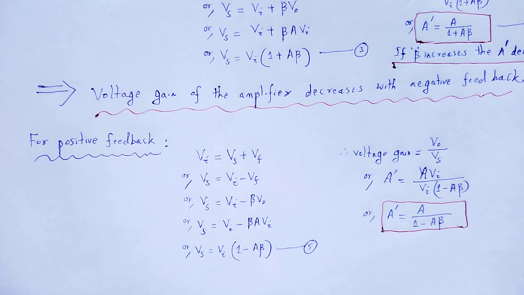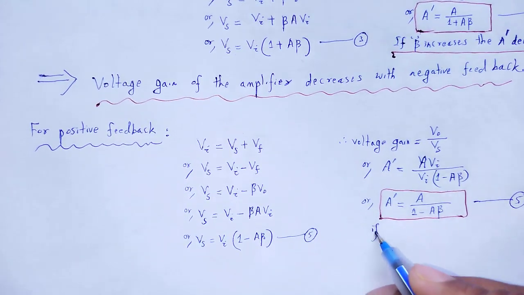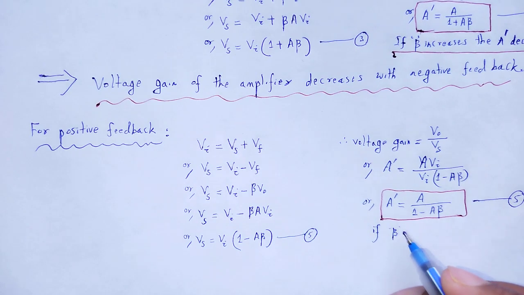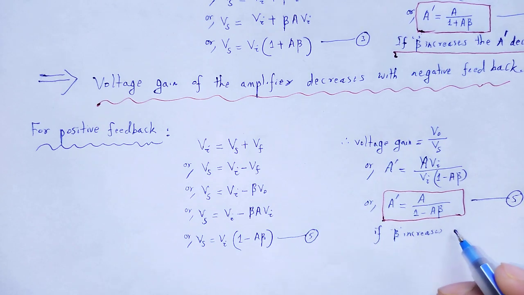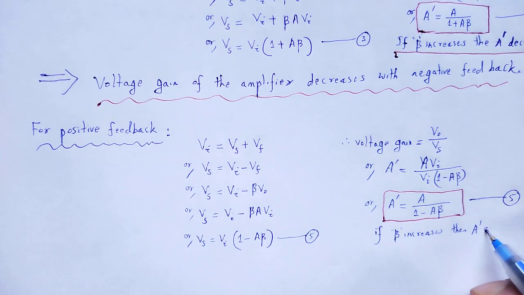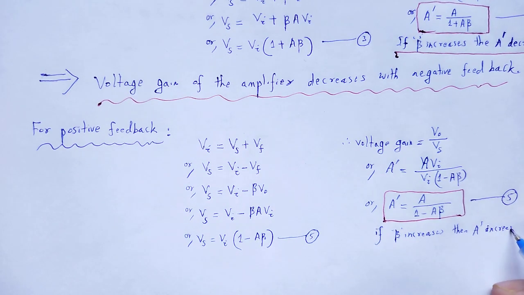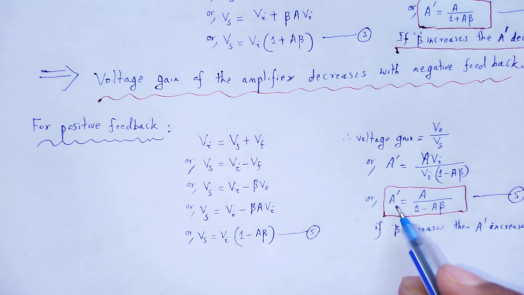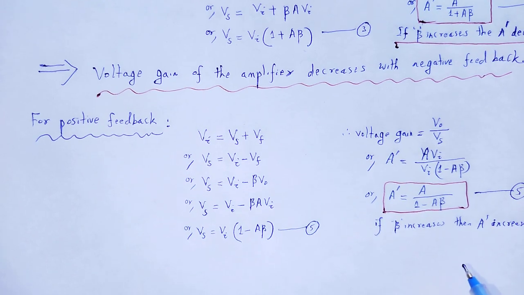Look at that expression. If beta increases, then what happens? A dash increases. If beta increases, then A dash also increases, as that one is 1 minus something.